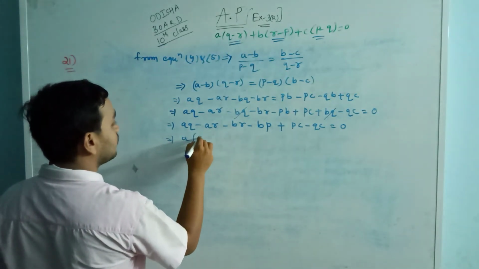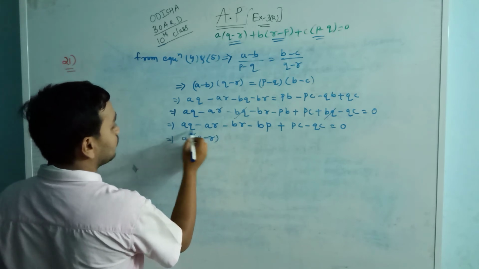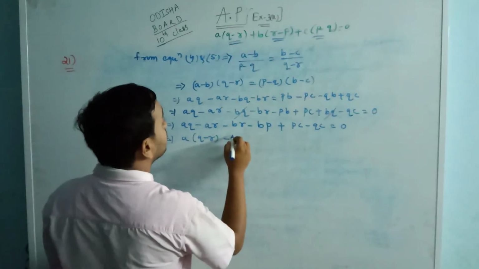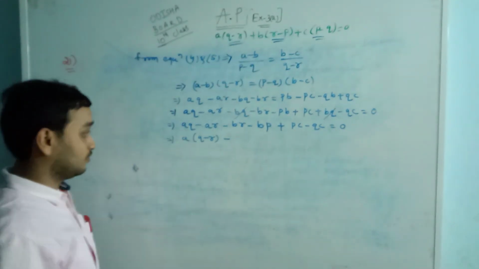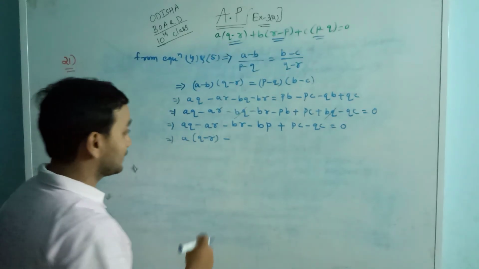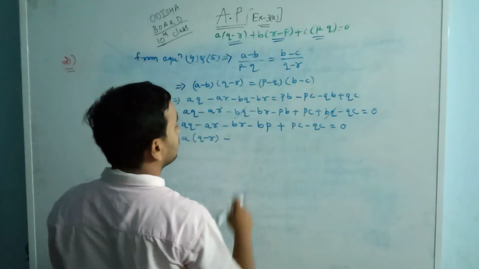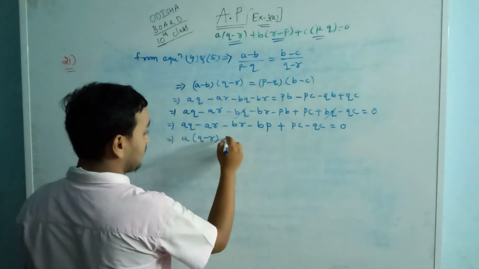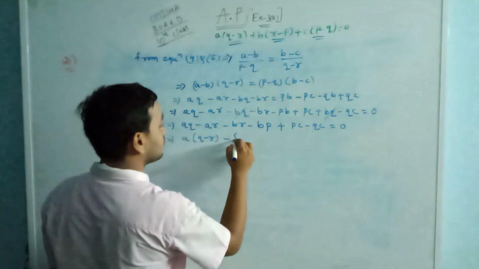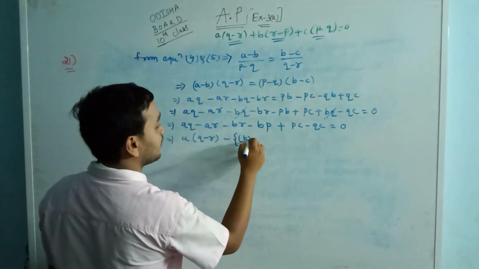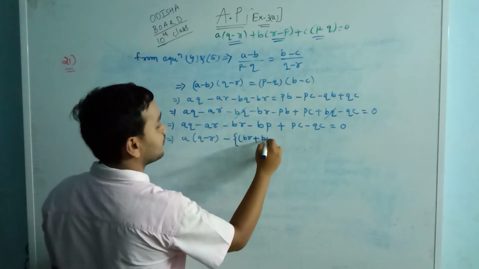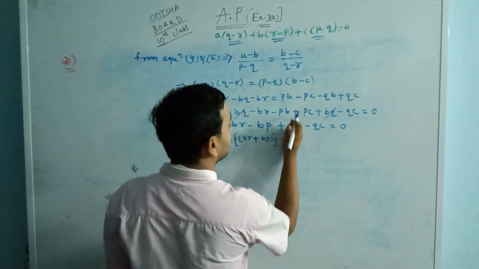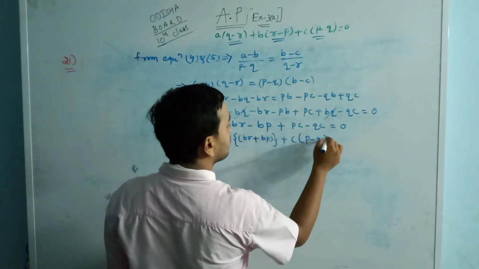A take common q minus r, from this a take common q minus r minus b minus r minus b minus p. Take minus common. If take minus common, what will you get? br plus bp. P take c common. Okay, p minus q is equal to 0.